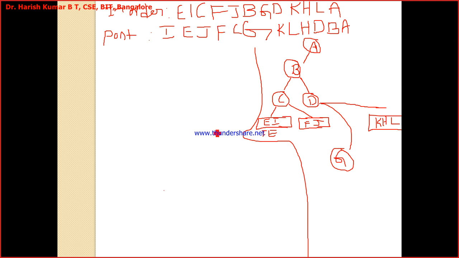Okay. So now the updated one. E will be the root node. E will be the left child of C. Okay, I'll update this tree. First is A, the root node.